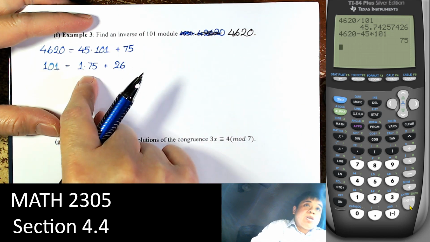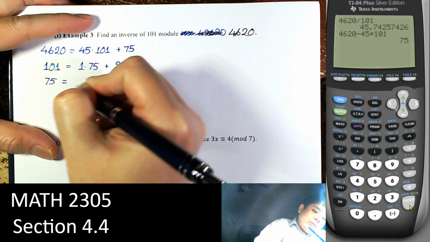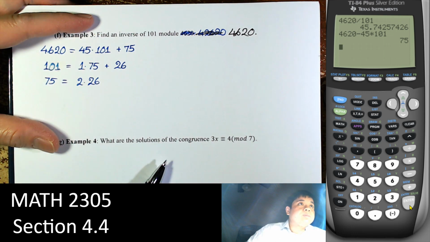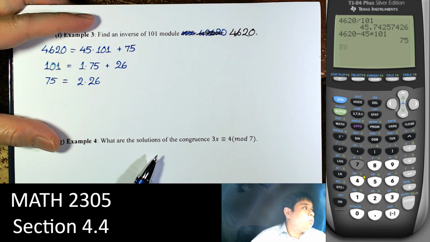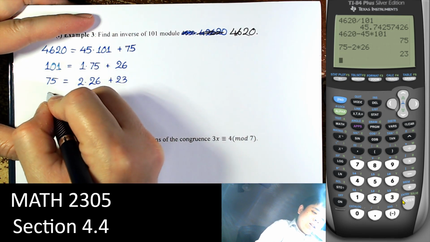Now we look at 75 and 26. That's 2 times, with remainder 23. Now 26 and 23.